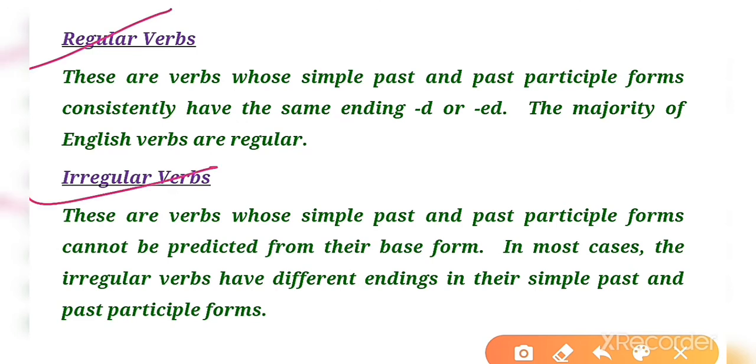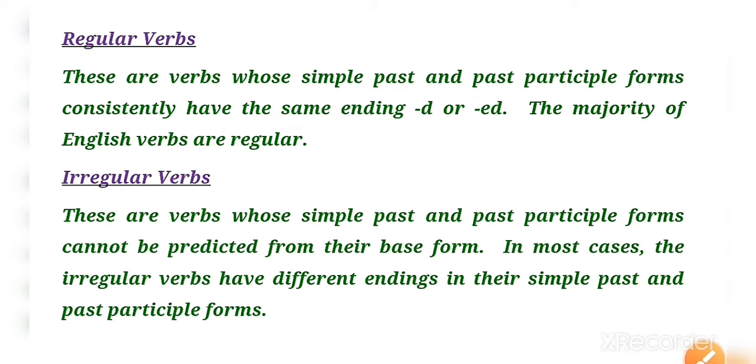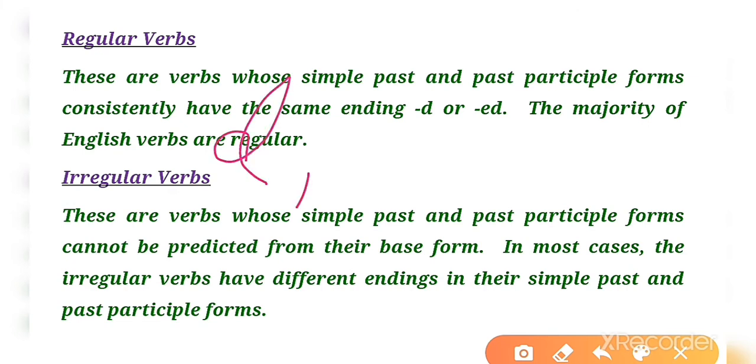What are regular verbs? Regular verbs are those types of verbs whose simple past and past participle forms consistently have the same ending, d or ed. The majority of English verbs are regular. So basically I just want to tell you the verbs which always end with d or ed.